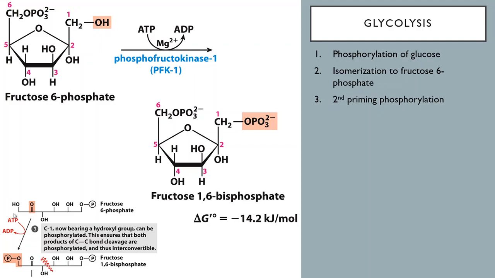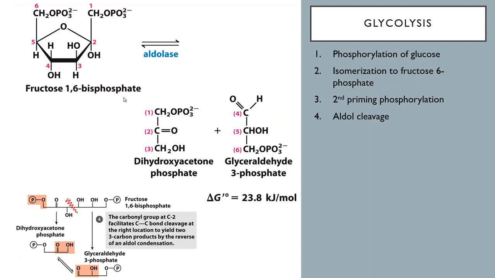And that also means that in the next step, when this gets broken down into 2 3-carbon molecules, both of them will be phosphorylated. And that's what happens next. So now we have an enzyme called aldolase, and aldolase cuts this molecule, fructose 1,6-bisphosphate, into 2 3-carbon molecules: dihydroxyacetone phosphate and glyceraldehyde 3-phosphate.